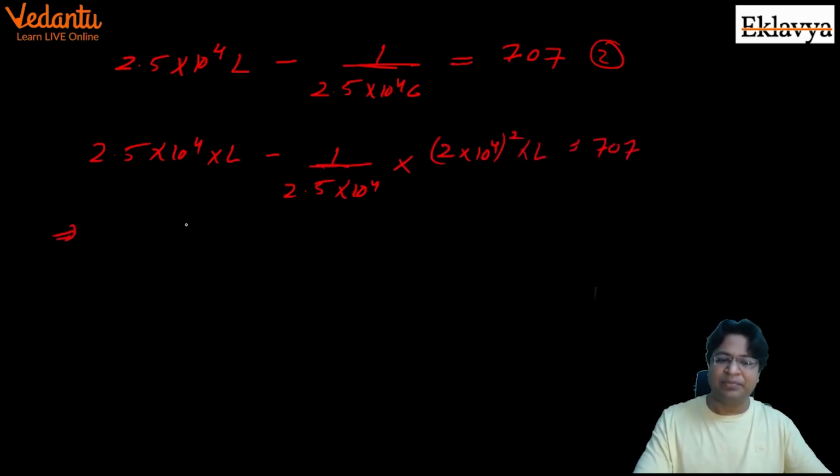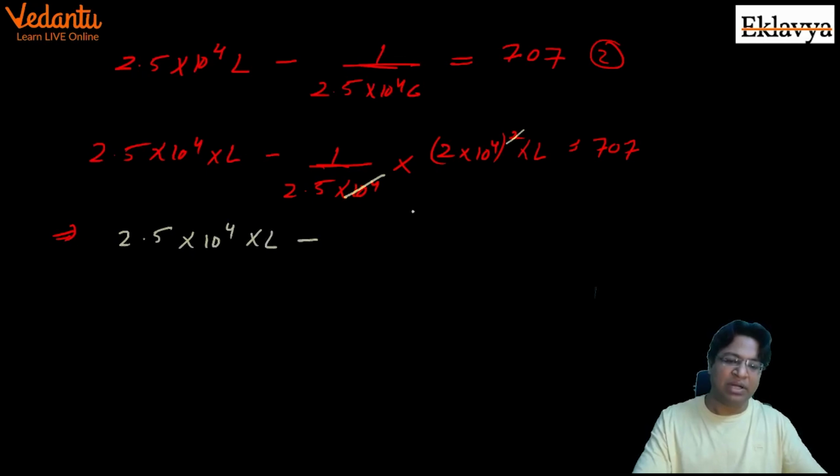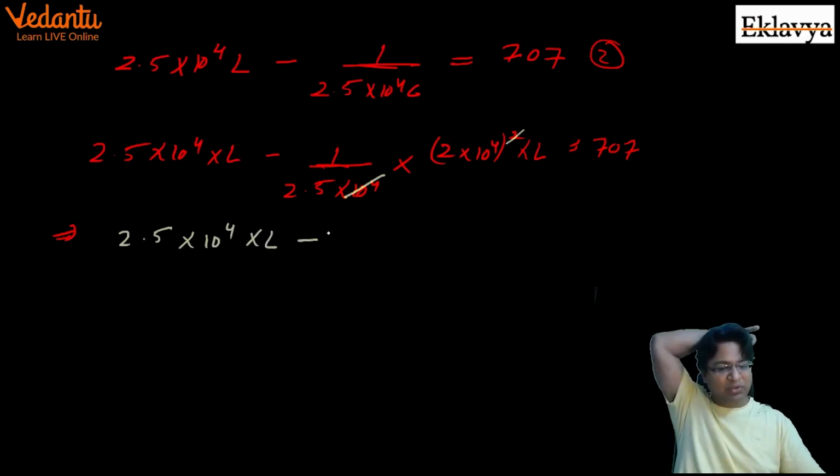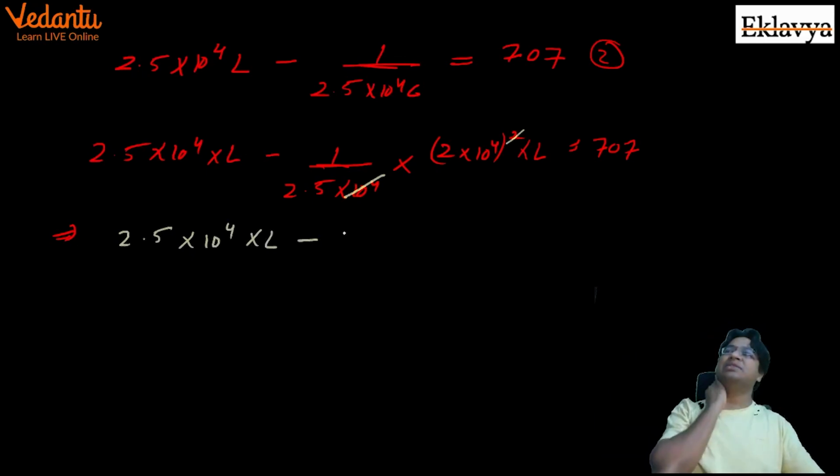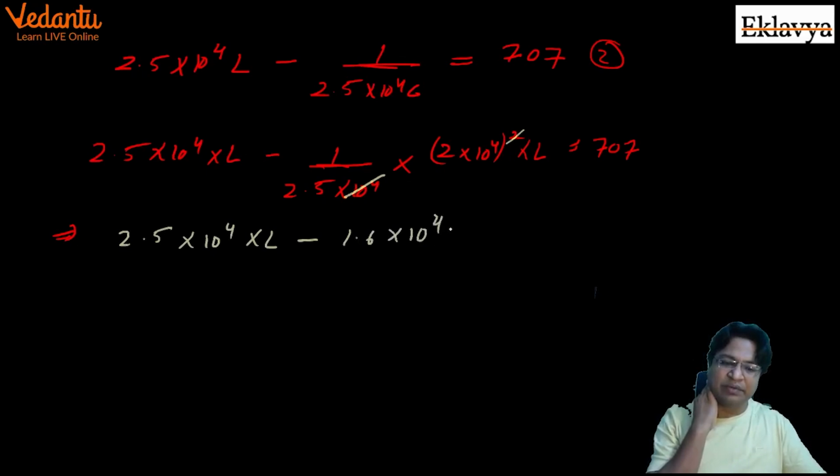So this 10 raised to power 4 will cancel out, and it will become 2.5 into 10 raised to power 4 into L minus 4 divided by 2.5, that is 8 by 5, which is 1.6, so 1.6 into 10 raised to power 4 L is equal to 707.